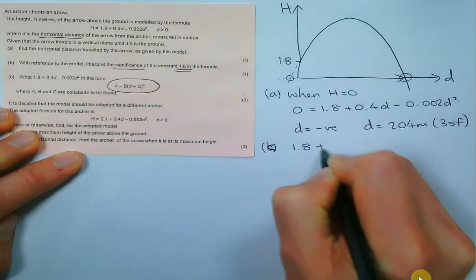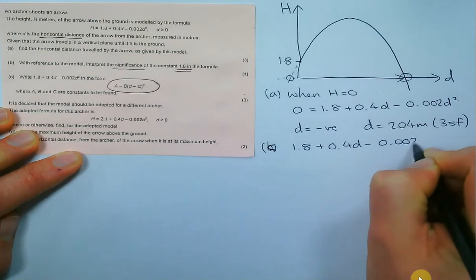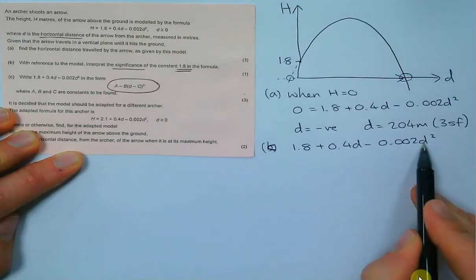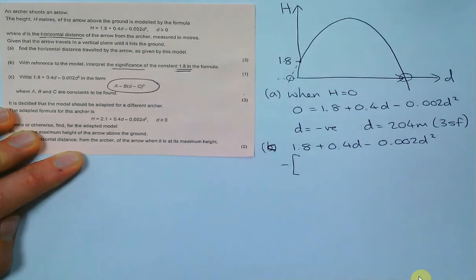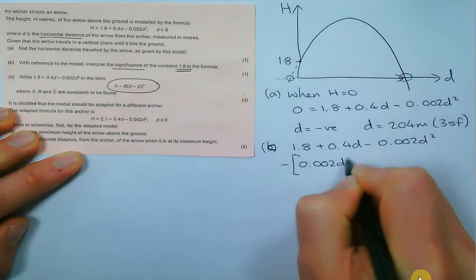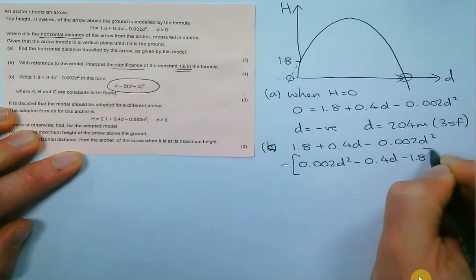So I'm just going to write it out here and take you through step by step what I would do in my brain. I've got a negative squared term, so I'm going to start this off by big square bracket and factorize for -1. So I get 0.002d squared minus 0.4d minus 1.8.